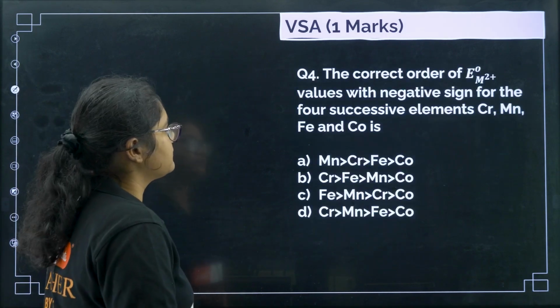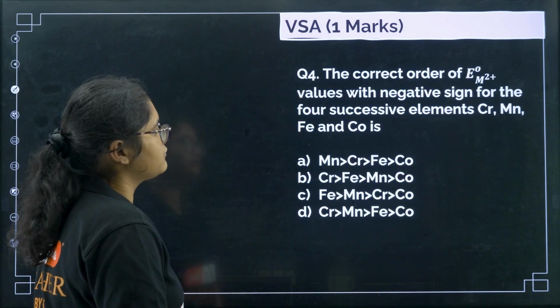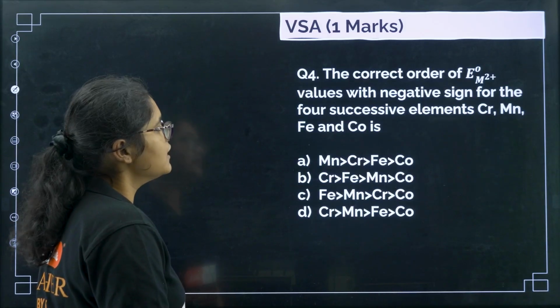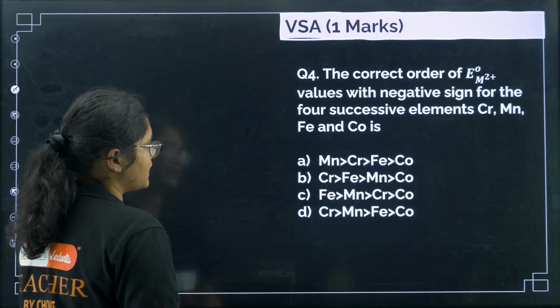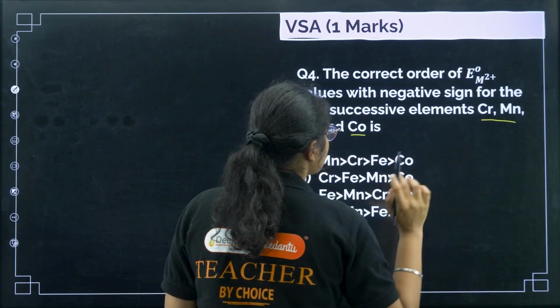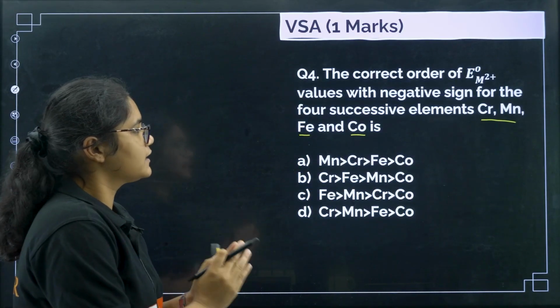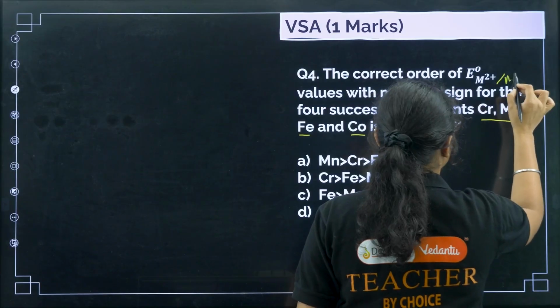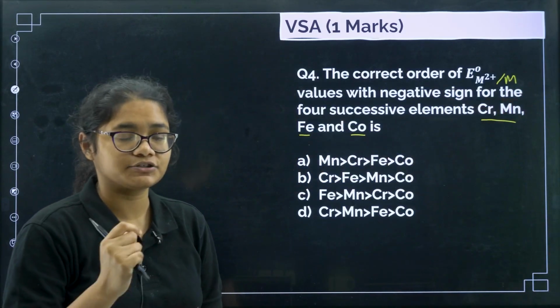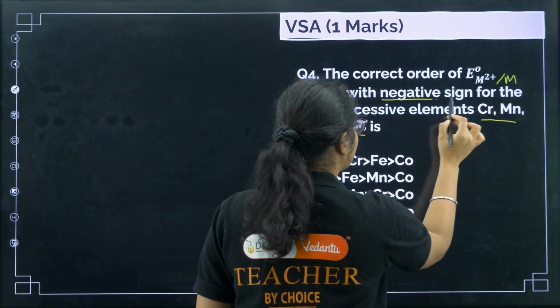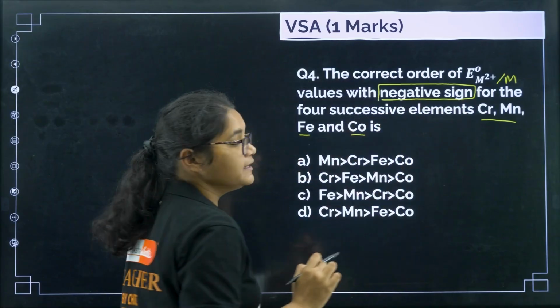Next is question number 4. The correct order of E0 values with negative sign for the 4 successive elements Cr, Mn, Fe and Cu. See, this question is very, very important. You are asking the correct order of M2 plus to M, that is the reduction potential, with negative sign. Means what?